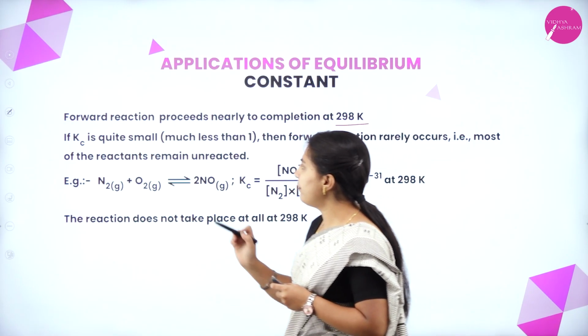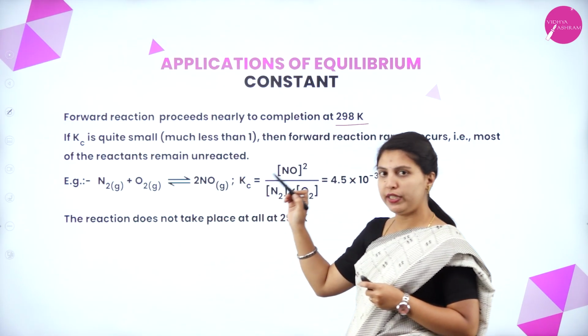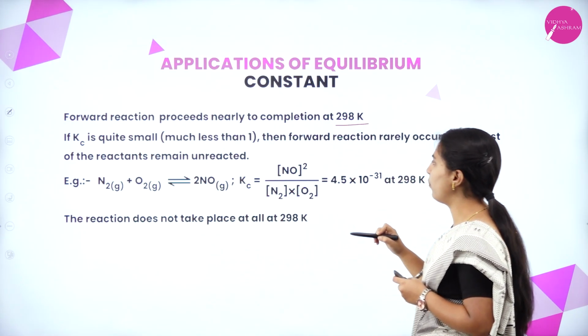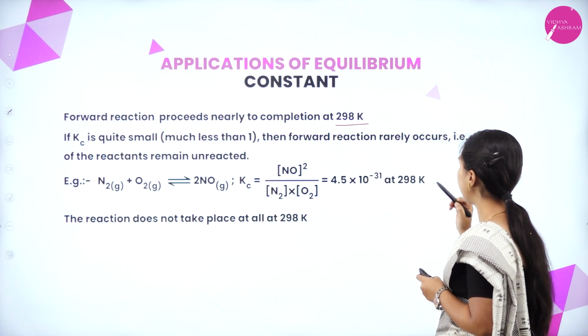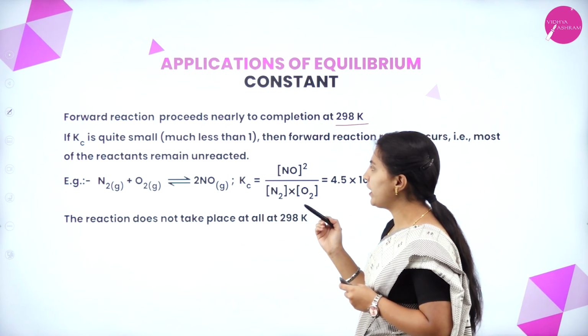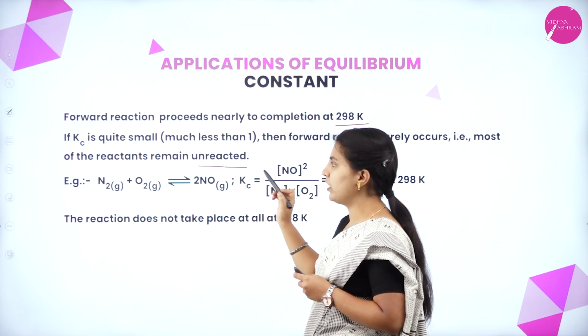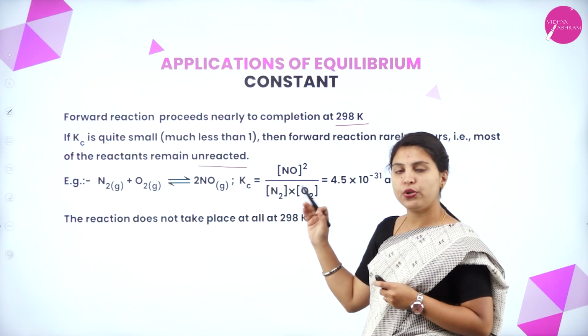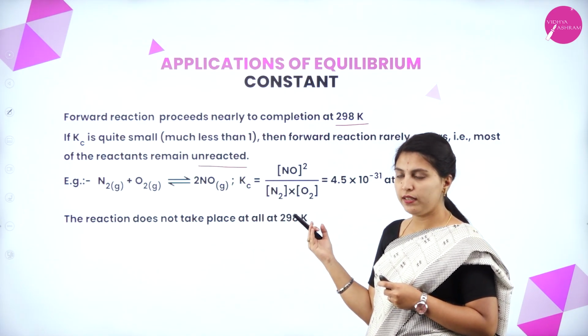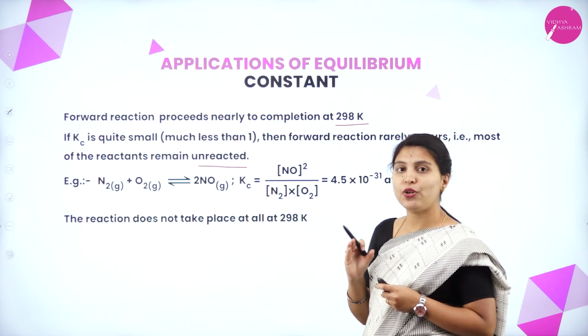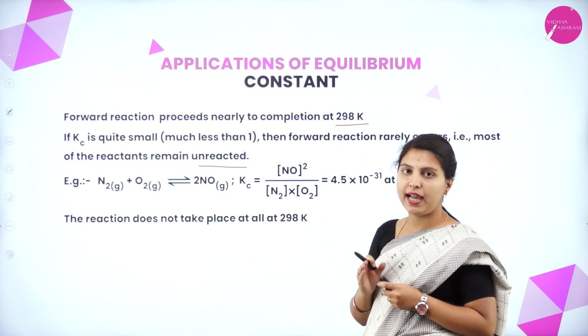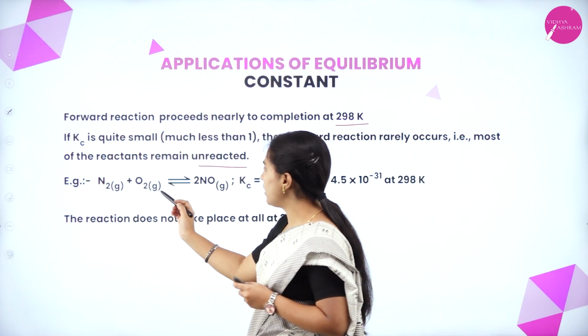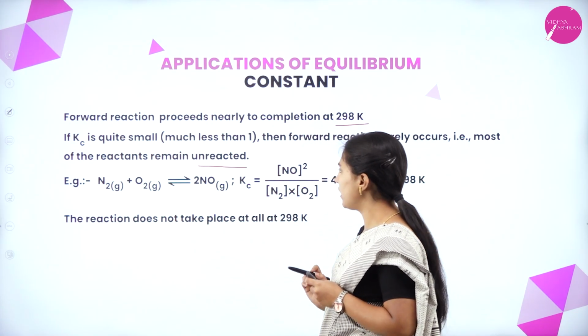And if Kc is quite small, less than 1, then the forward reaction rarely occurs. Most of the reactants remain unreacted. The reaction may proceed forward, but some of the reactants will not react and will remain as such. See here, nitrogen and oxygen, nitrogen oxide will form.